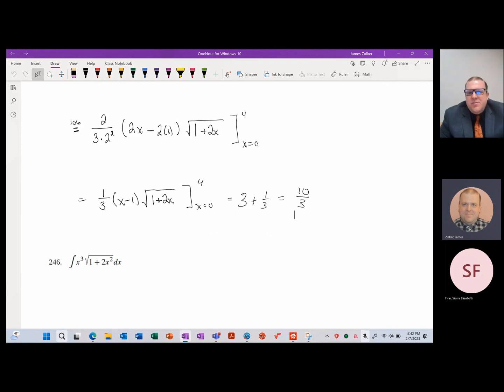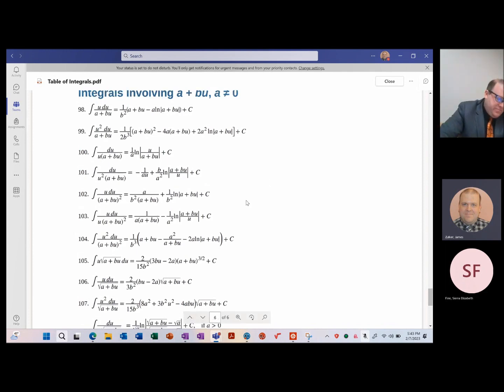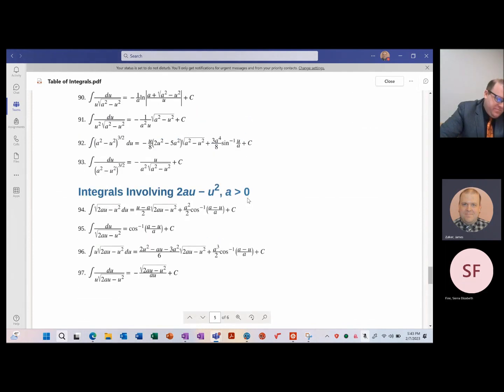Now this is an antiderivative. So again, what we do is come over and look for a form. No, it wasn't that one.